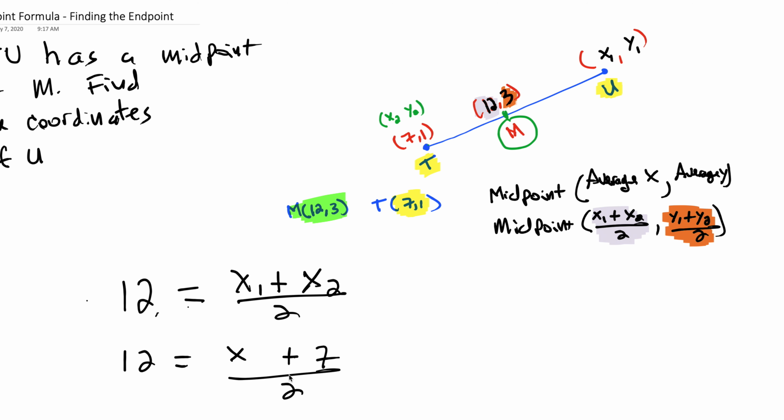How do we get the x by itself? You've got to get x by itself. The way you do that is, well, first of all, x is already on top, right?